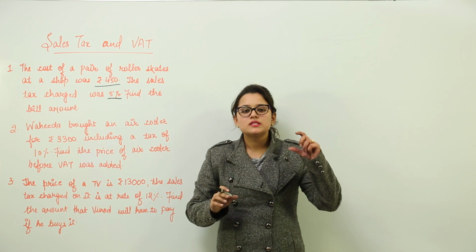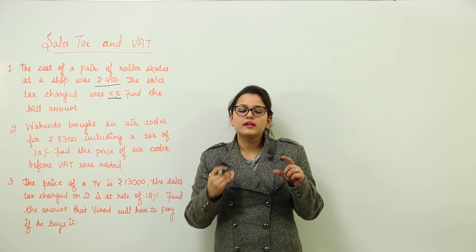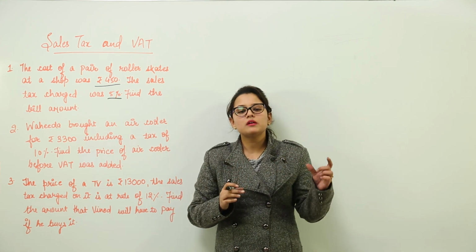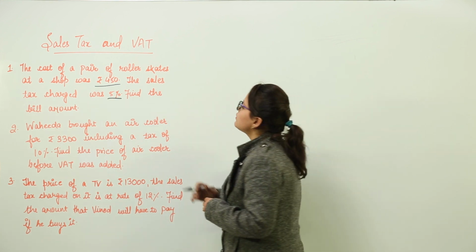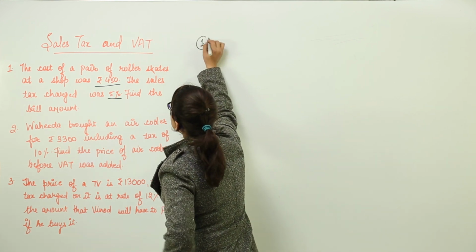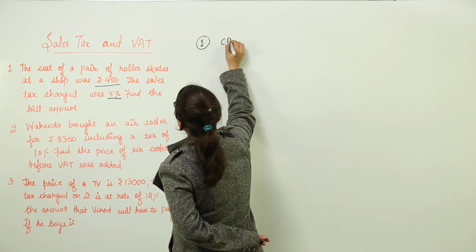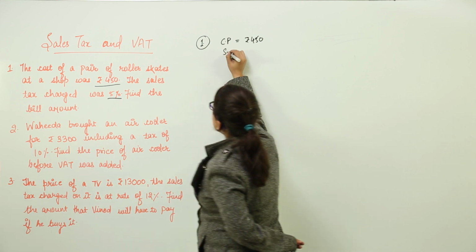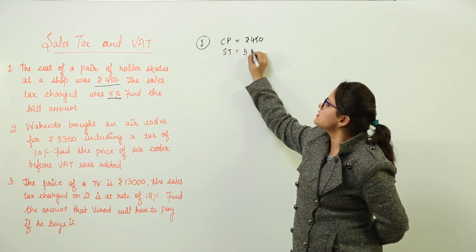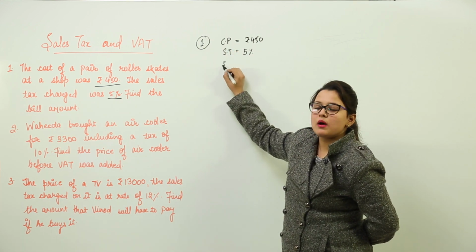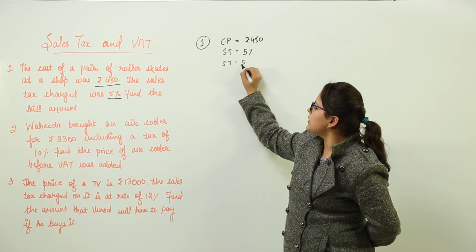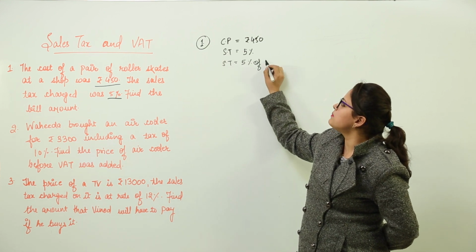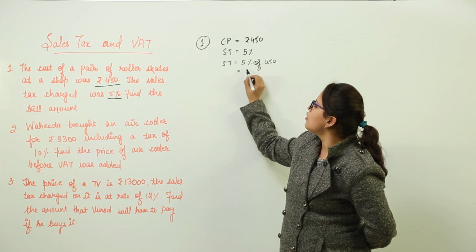As we know, the sales tax charged is always added to the cost price, and that makes the bill amount. So, let us solve it now. The first question has CP given as rupees 450 and the sales tax given as 5%. Now, if you want to calculate the amount of sales tax, that would be 5% of CP, that is 5% of 450.